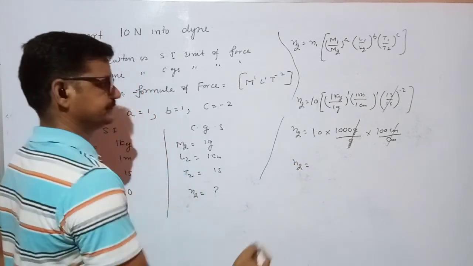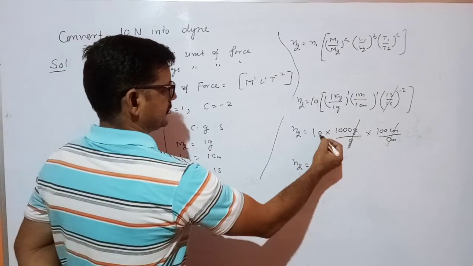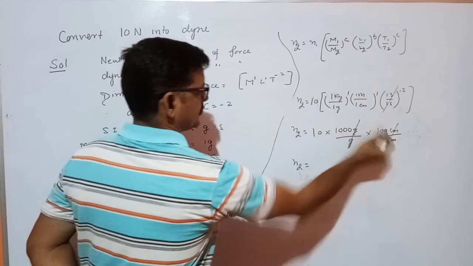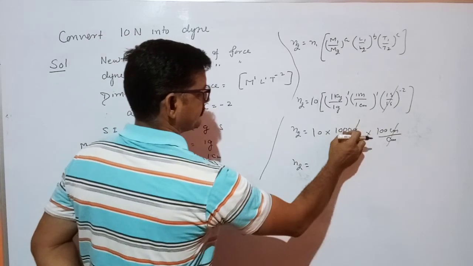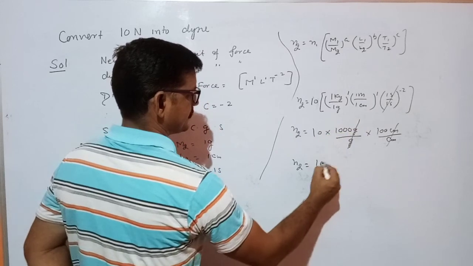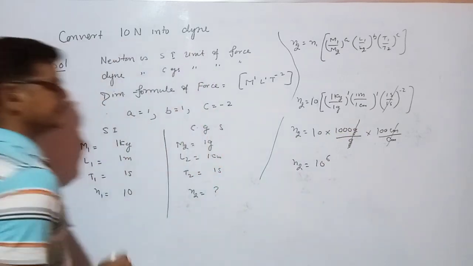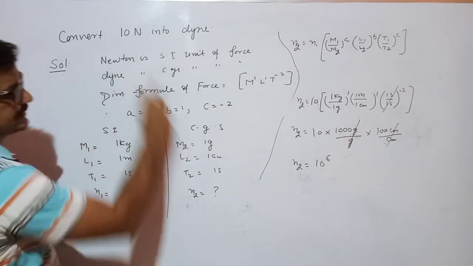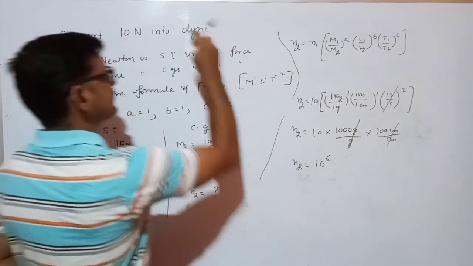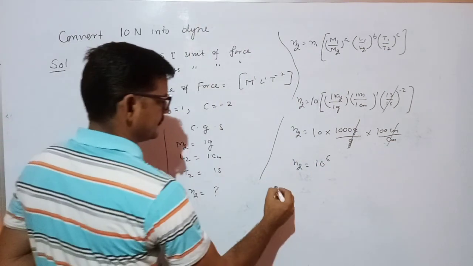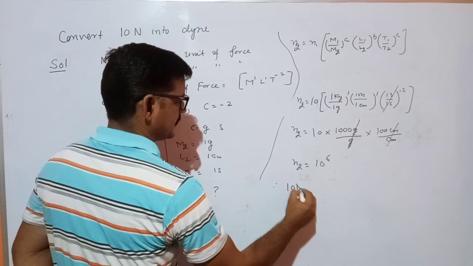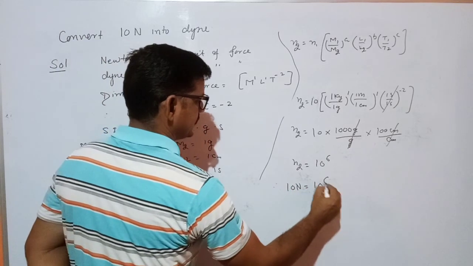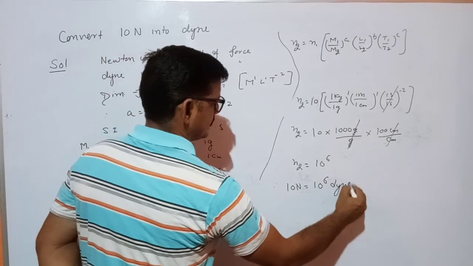What is left is 10 into 1000 into 100, that is 10 raised to power 6. It means 10 Newton is equal to 10 raised to power 6 dyne. Therefore, 10 Newton is equal to 10 raised to power 6 dyne.